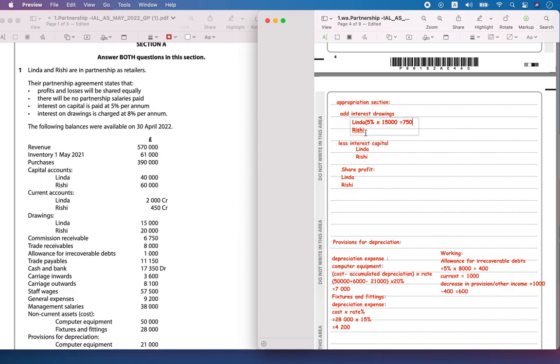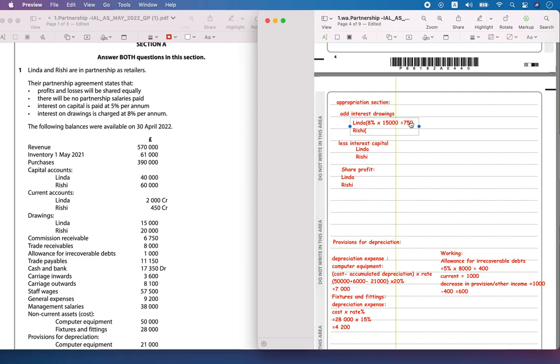So let's calculate the interest on drawings for Linda. 8% of 15,000 is equal to 1,200.